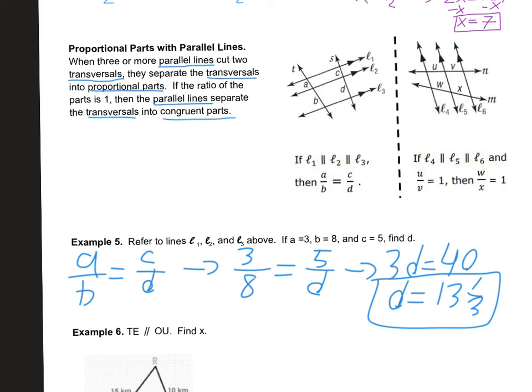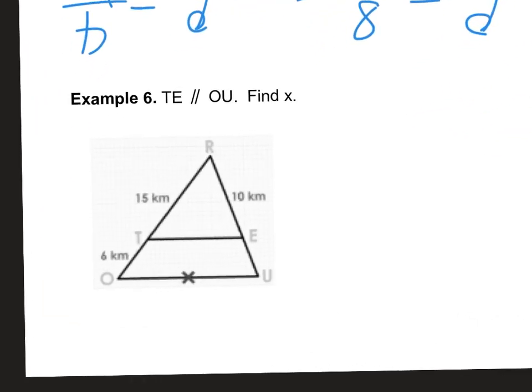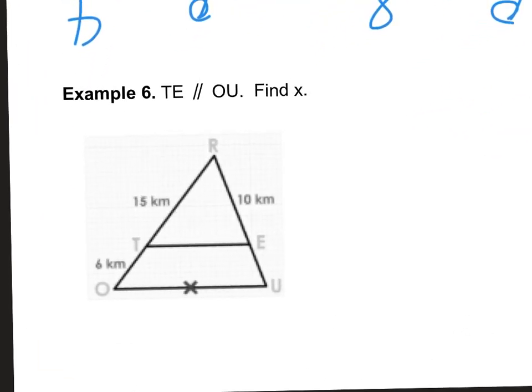Example 6. Let's see. Line TE is parallel to OU. Find x. I know what you're thinking. We were just talking about 3 parallel lines, and there are only 2 parallel lines present.